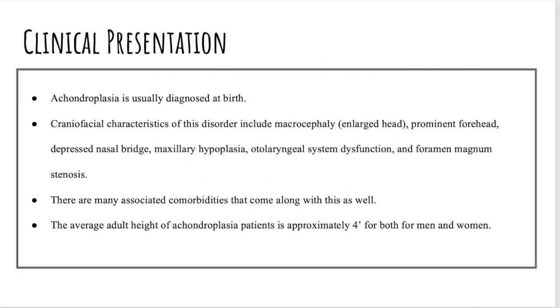All right, moving on to clinical presentation. Achondroplasia, as we talked about, is usually diagnosed at birth, but some typical clinical manifestations include disproportionate short stature with a normal trunk, shortening of the extremities, bowing of the lower extremities, trident hands, which is just an increased space between the third and fourth fingers, spinal stenosis, and lumbar lordosis.